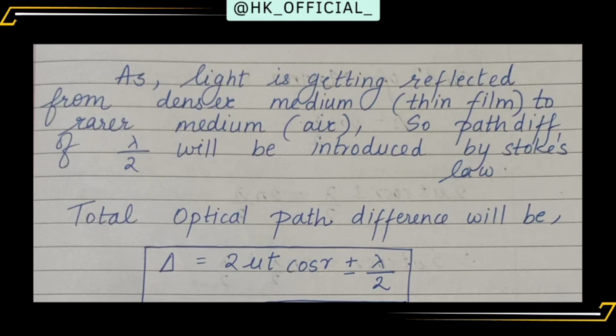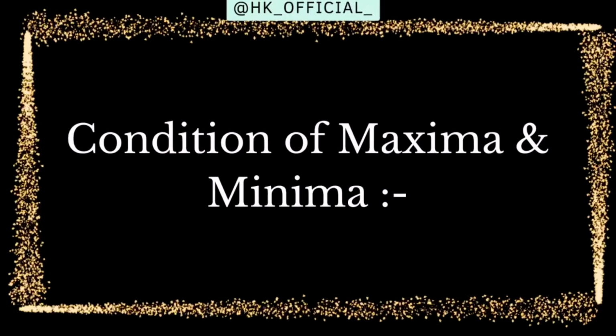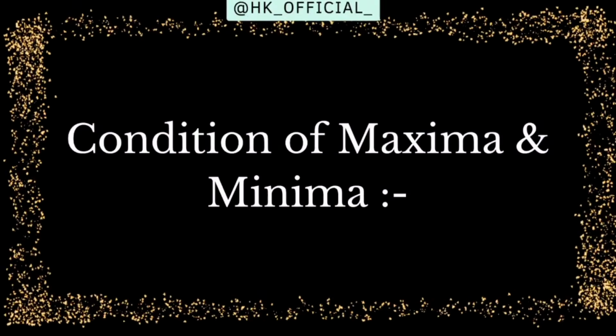This is our final equation for optical path difference. We have introduced lambda by 2 because the light is getting reflected from denser to rarer, from thin film to air. So this is the total optical path difference. Now we have to see the condition of maxima and minima.